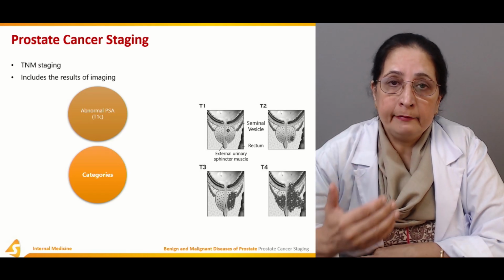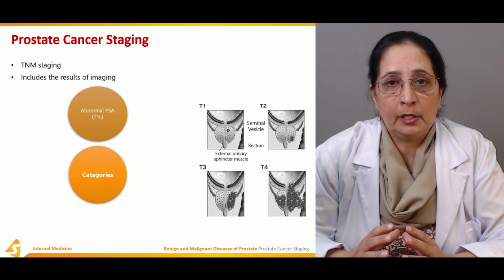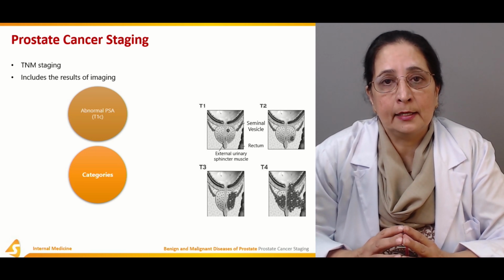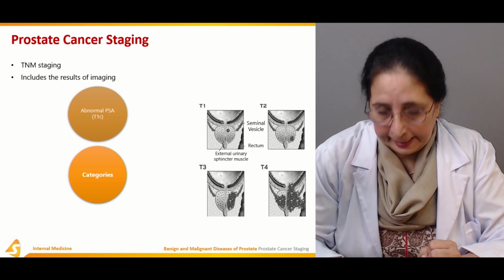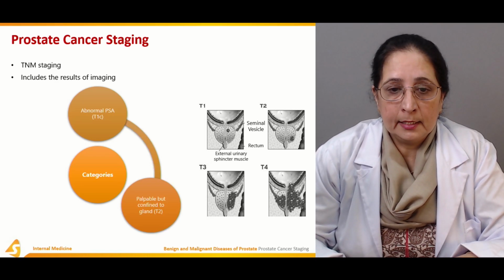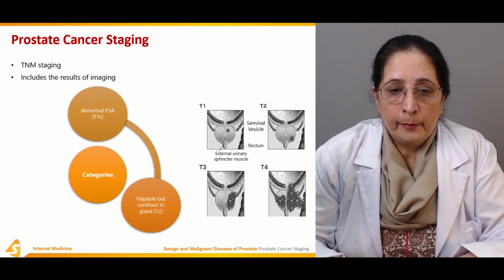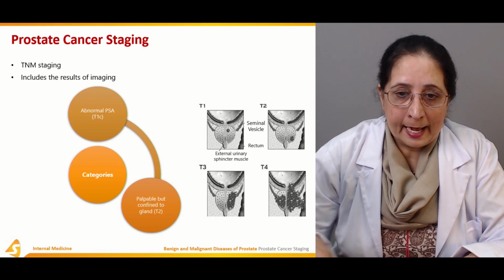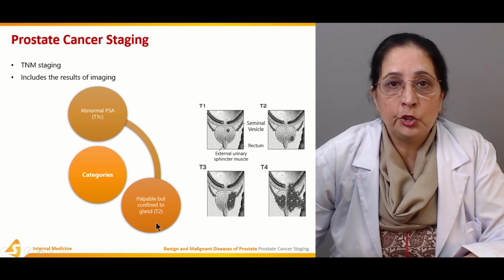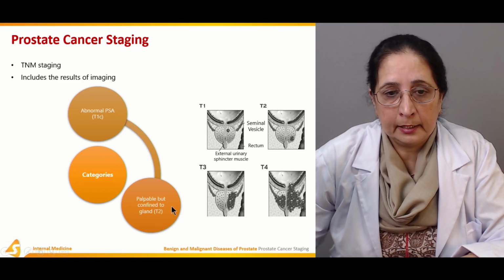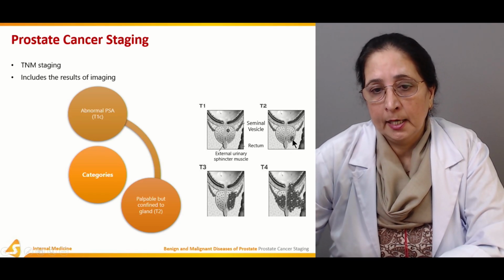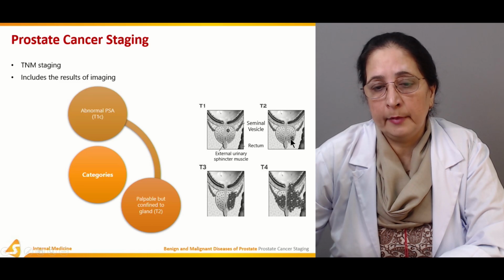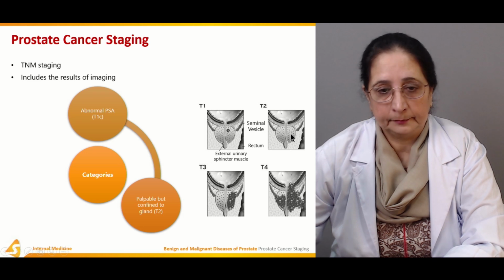When it is elevated, that's the indication that the prostate gland is affected, usually with cancer of the prostate gland. And then there is palpable but confined to the gland, which is the T2 stage of the cancer. Here you can see this is the cancer, but it is confined or limited to the prostate gland.